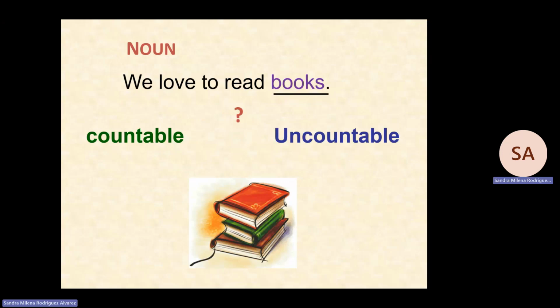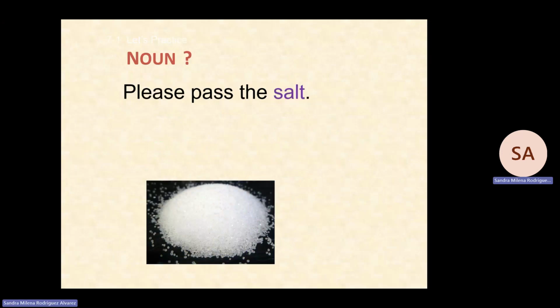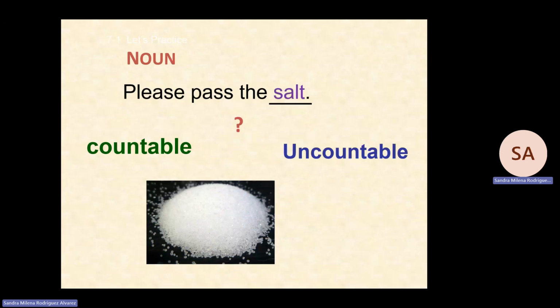As it is plural, it is countable. Now, please pause. The salt. Salt is a countable or an uncountable noun? Sorry, Ramon. Salt is uncountable. I need to measure it.